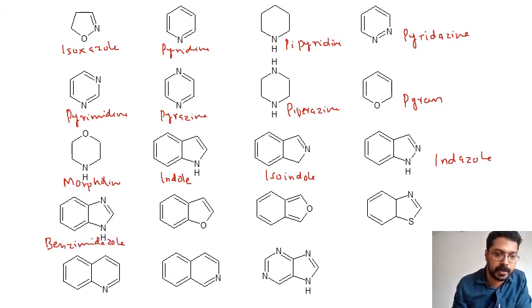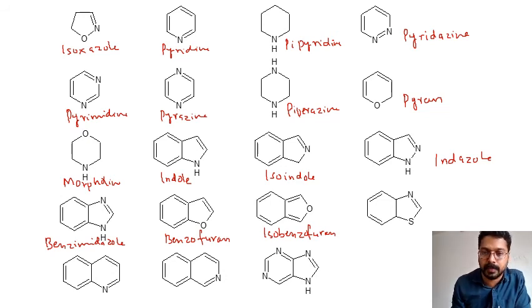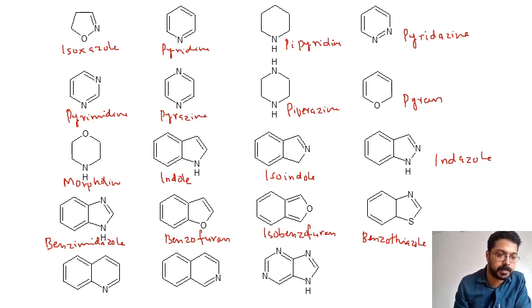Benzene fused with furan is benzofuran, and it is isobenzofuran. You can see the position in this. Benzene fused with thiazole is benzothiazole. So these are certain common names accepted by the IUPAC.